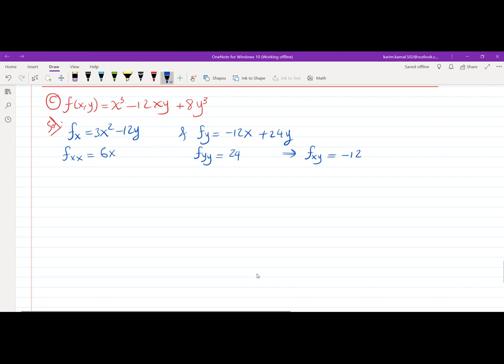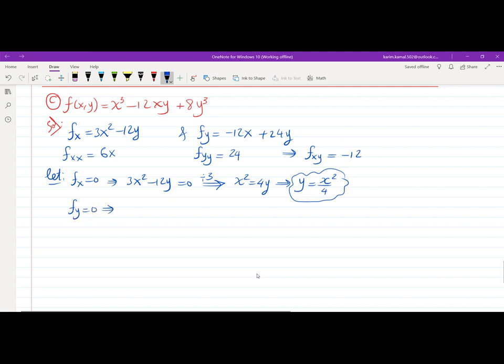So now let fx equal 0, then 3x squared minus 12y equals 0. If we divide both sides by 3, then we will get that x squared equals 4y. So y equals x squared over 4. And now for fy equal to 0, then we have negative 12x plus 24y equals 0.